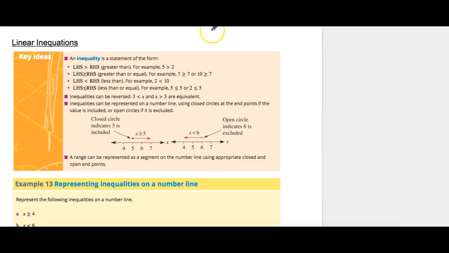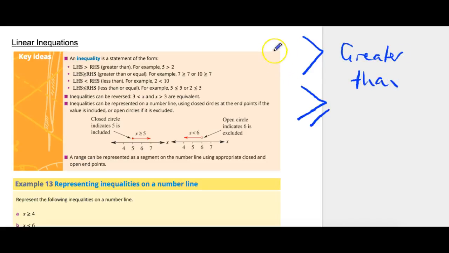So let's just say this one or this one. Both of them mean greater than. Okay, so the left-hand side is greater than the right-hand side. Whoops. And that's how we read it. I mean, in English, we read left to right. So the left-hand side is greater than the right-hand side. But this one also means or equal to.